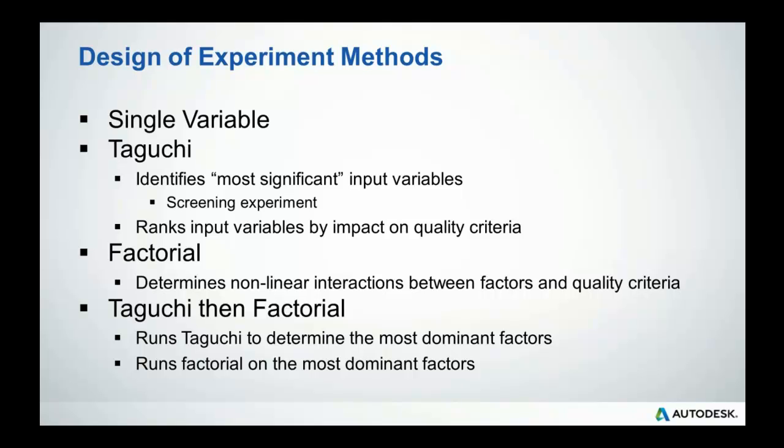My favorite, however, and the one we're actually going to look at today, is the Taguchi then factorial, because it gives us the ability to see the influences of all of these different types of DOEs that Moldflow can run. It lets us see what the variable influence is from Taguchi, and then it allows us to use that Taguchi ranking in order to use the factorial type information and change the highest ranked variables in the process to see what our influence of change was.